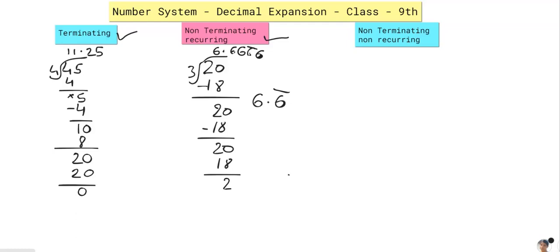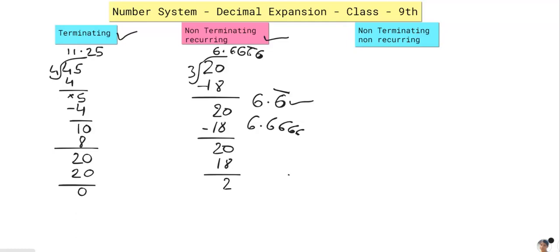We write it one time and put a line over it, and we call it a bar. 6 bar means the digit 6 is being repeated. So like that, 6.666, you can write 6.6 bar. So this decimal expansion is called non-terminating recurring decimal expansion.